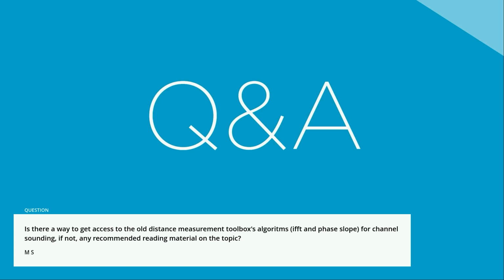Next one: is there a way to get access to the old distance measurement toolbox algorithm for channel sounding? They won't work with channel sounding, so the data sets are different. So today we don't. The algorithm that is there is just for illustrative purposes, as mentioned during the webinar. So we need to wait for us to provide the actual ranging algorithm, which will come in a later SDK.